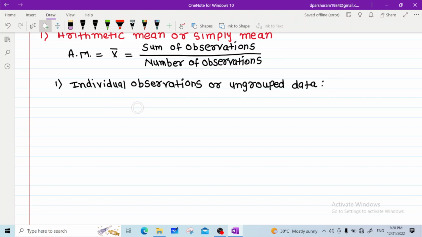In this case, there are ungrouped data of n observations, that is x1, x2 up to xn on variable x.